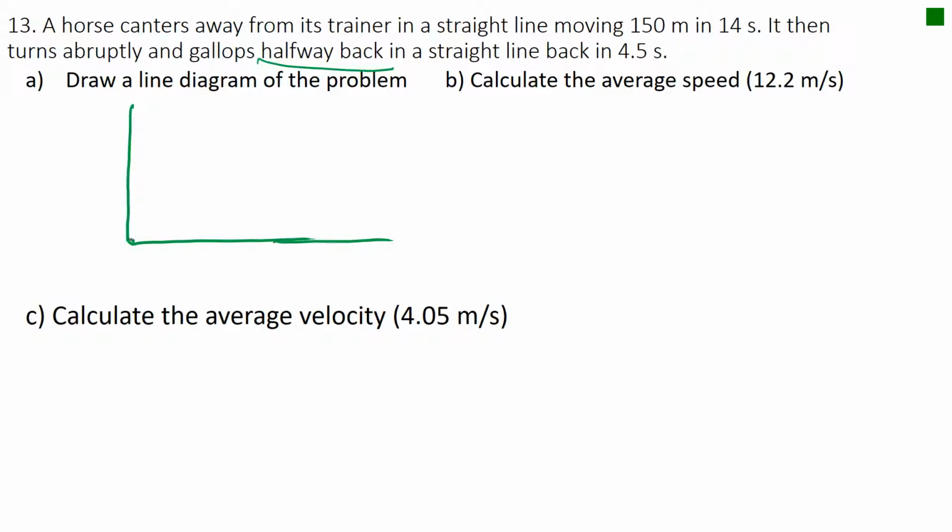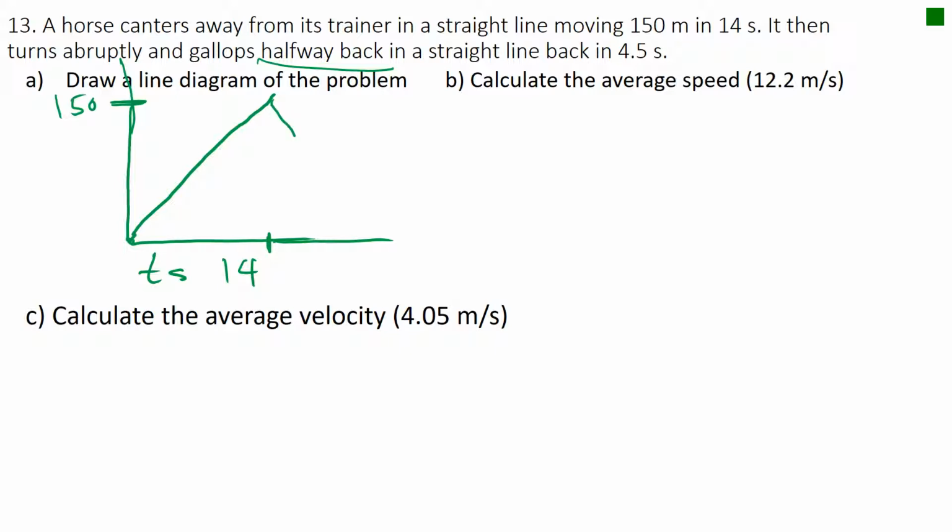So it's going to start at the origin, and it's going to go 150 meters. So I'm going to make this right here 150 meters, and then this time right here is going to be the 14 seconds. I'm going to move my T, it's in the way. Here we go. And then it's going to gallop halfway back.